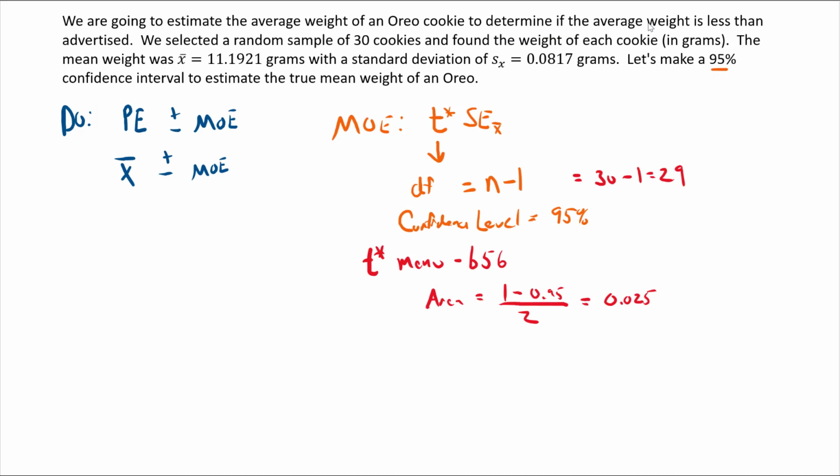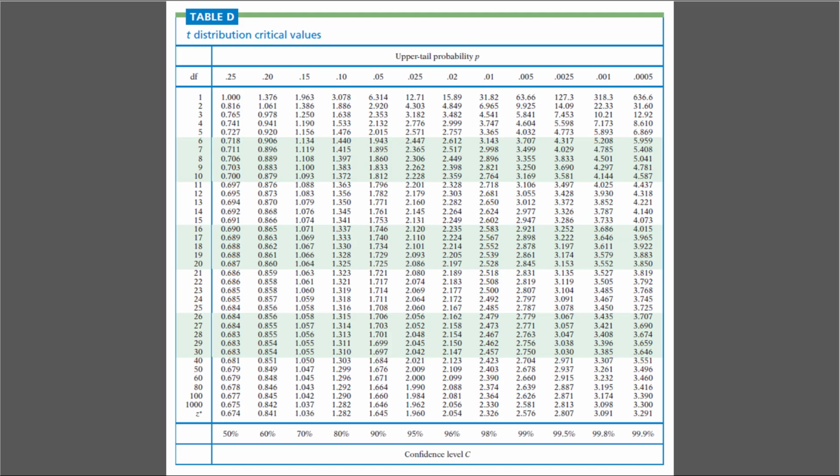So for our t star, we should get 2.045. Now, if you do not have a TI Inspire calculator, you can look this up by using this table here, which I have put in Canvas for you to look at. With this, we're going to deal with our degrees of freedom. It's right here. Sorry, I kind of marked it out. Let me try a little bit differently here. Degrees of freedom.